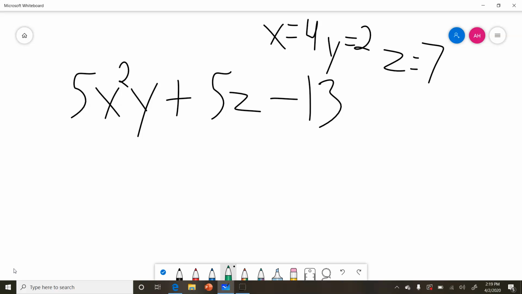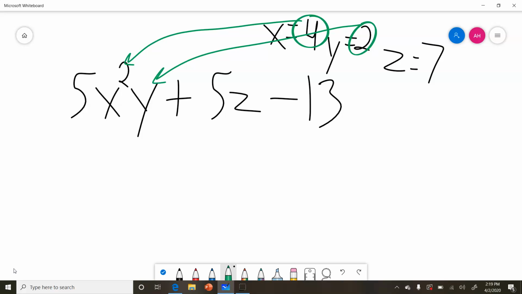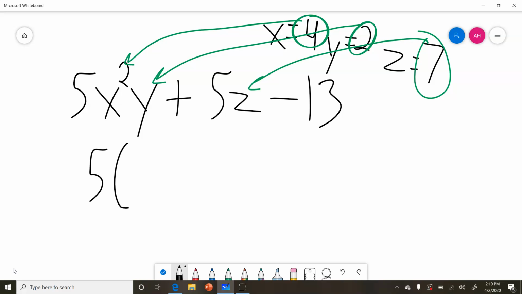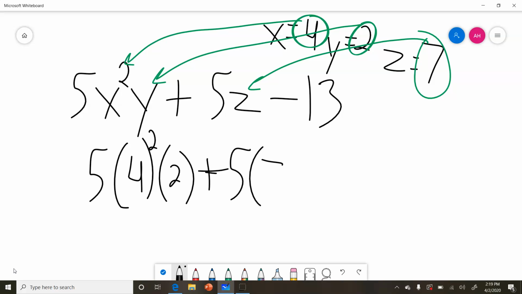All we do is take this 4 and put it where we have an x. We take this 2 and put it where we have a y. We take this 7 and put it where we have our z. So we're going to have 5 times 4 squared, key part, keep that in order, then times 2, plus 5 times 7 minus 13 at the end.